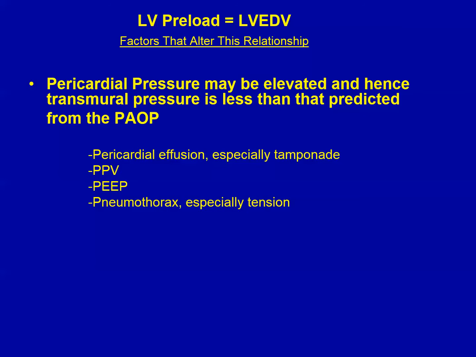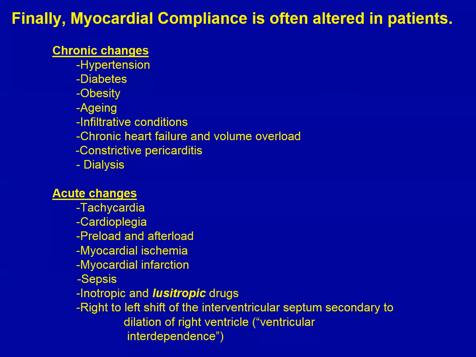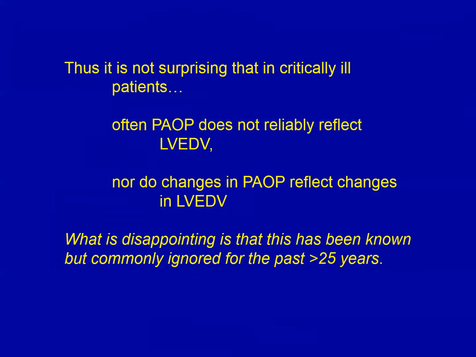The pericardial pressure may not be normal, and therefore we can misinterpret the implications of the wedge pressure. More importantly, the myocardial compliance can be altered. This can be due to chronic changes or acute changes.